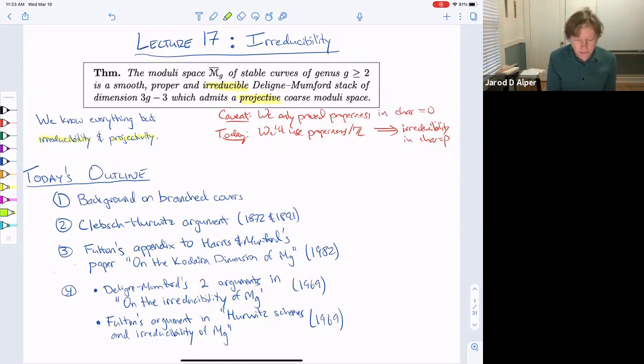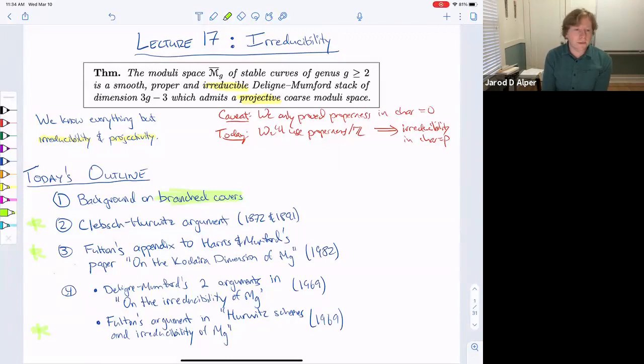a background on branch covers, like branch covers of smooth curves C mapping to P1. We're covering this because this is an important feature in a number of these arguments. Namely, the arguments 2, 3, and Fulton's argument use the concept of branch covers.